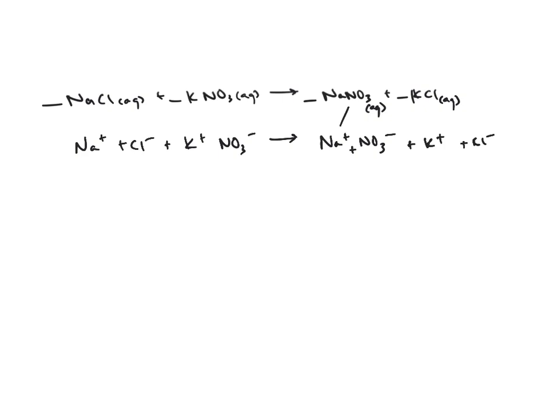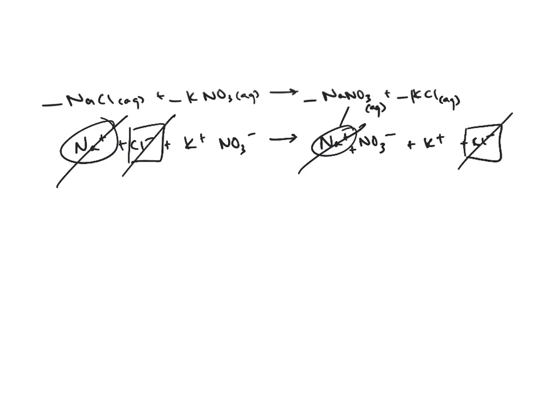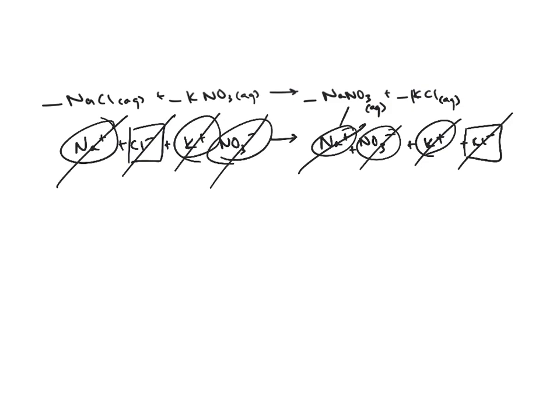I have basically a bunch of spectator ions, right? Look at the chlorides. I'll put a box around those. Those are going to cancel. The potassiums are on both sides. They didn't do anything. They're going to cancel. My nitrates are on both sides. Okay, they're going to cancel.